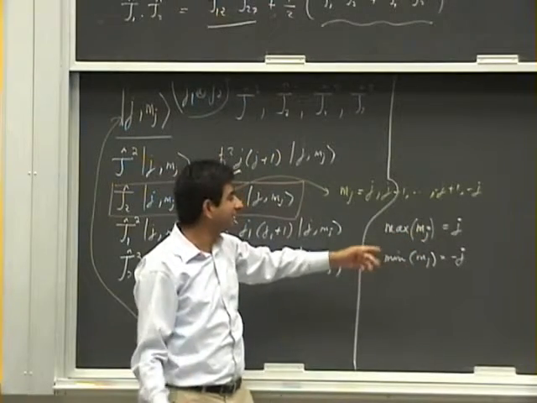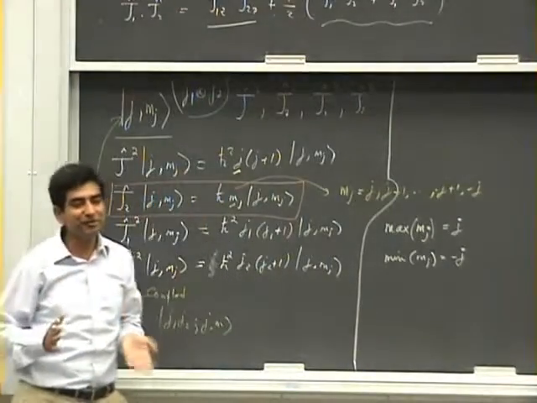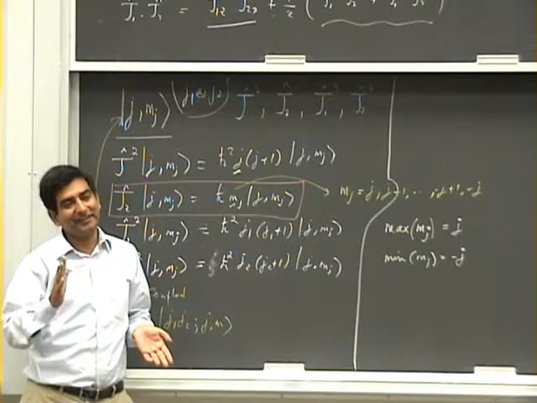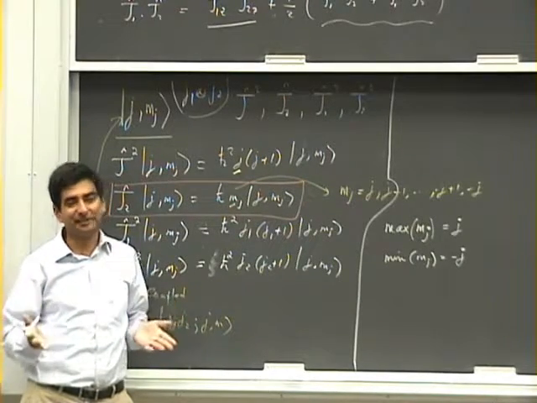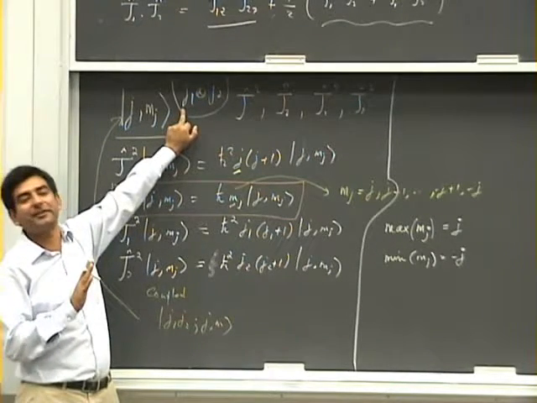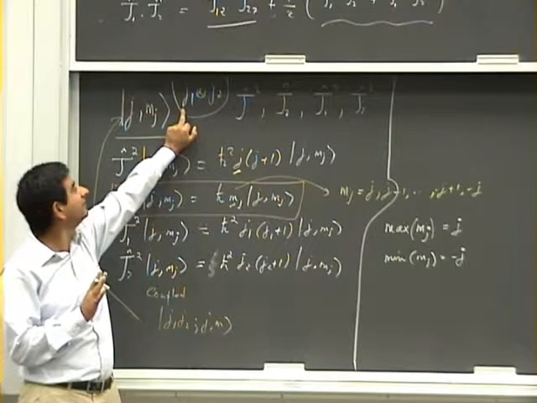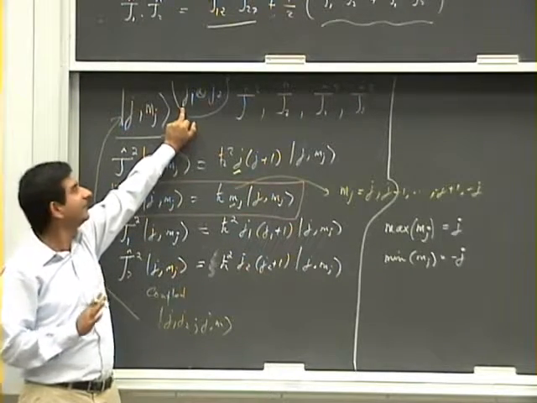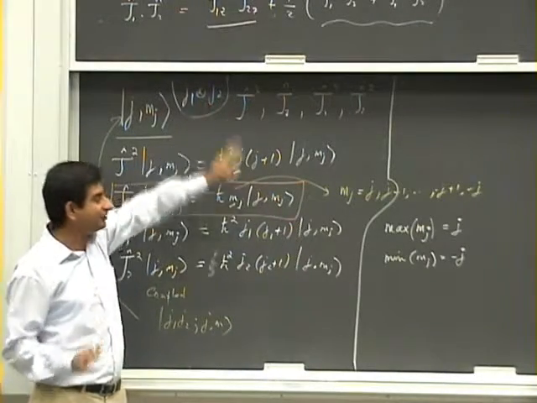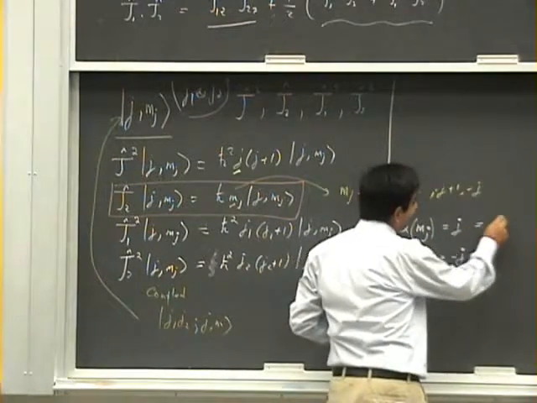So it's intuitive that I can maximize it when each of the constituent particles has its z component maximum and pointing in the same direction. The maximum z component of the first particle is j1 and of the second is j2. So the maximum value of mj, which is j, is j1 plus j2.